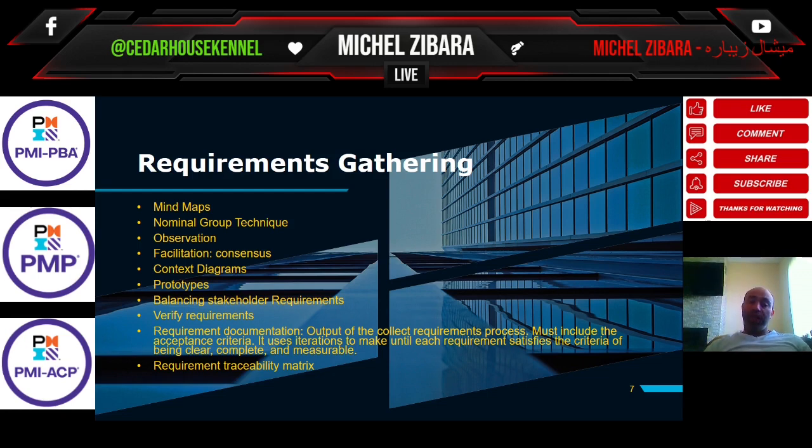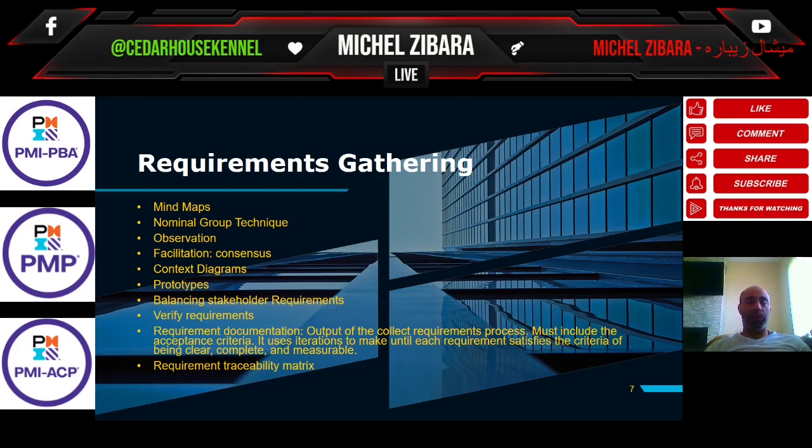Facilitation technique is also used as part of the requirement gathering techniques to be able to achieve consensus. Consensus is the ultimate goal of facilitation. That's the preferred ultimate goal of facilitation. There is the autocratic dictatorship technique that doesn't work.